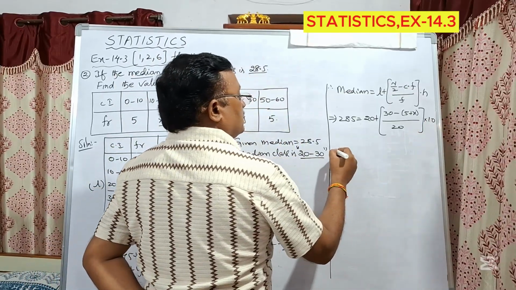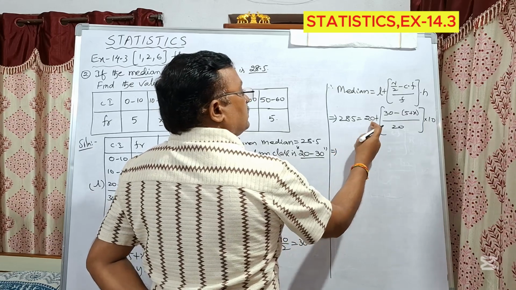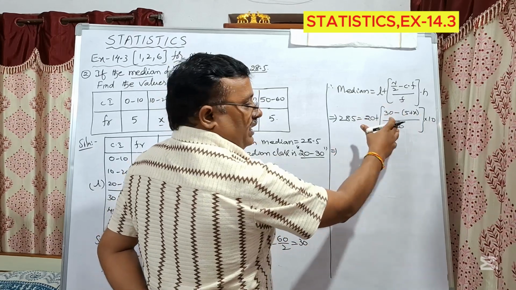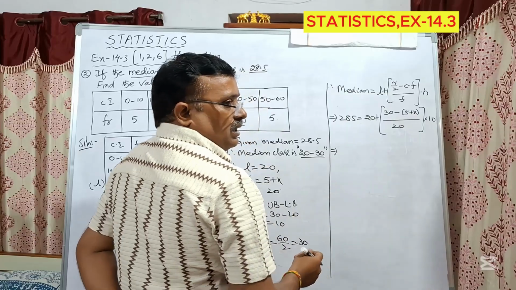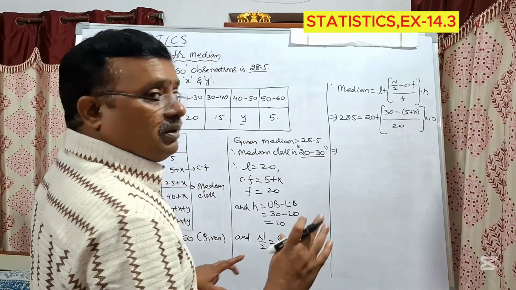Now we need to simplify it to find this x value, and from that, using equation 1, y will come.